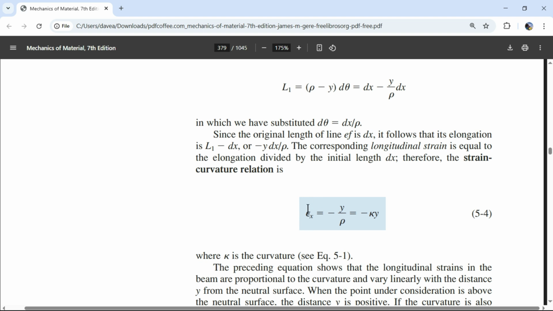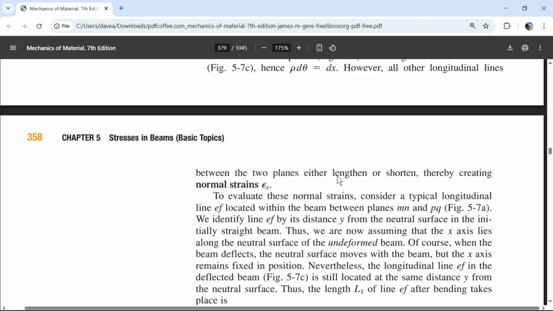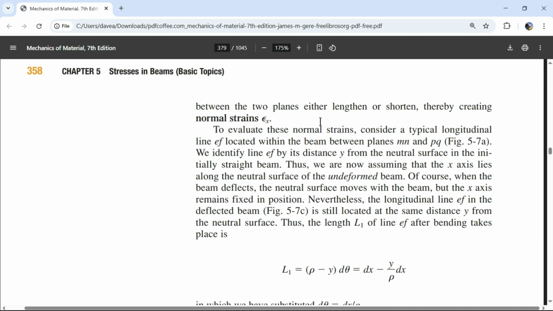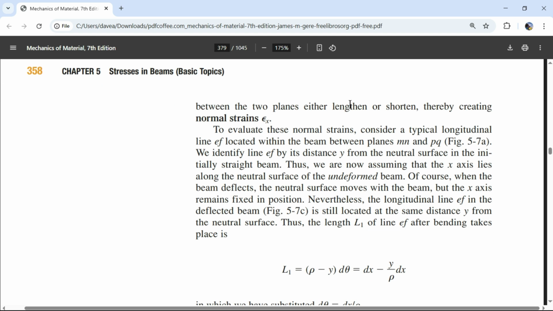It has to be a percent change. That's where steel can induce a 0.2% change in length, or a fractional change in length of 0.002 compared to the original length. And other materials are going to have a different value for that. All right, hell yeah. So now we're finally talking about strain.